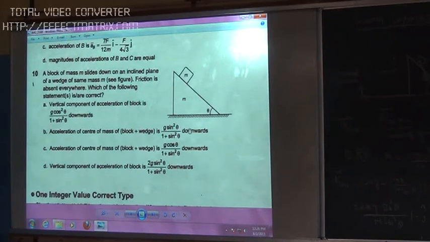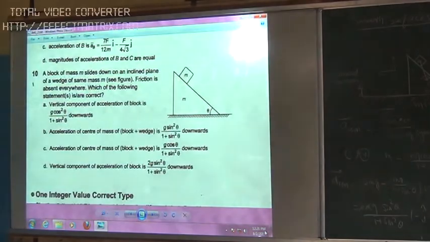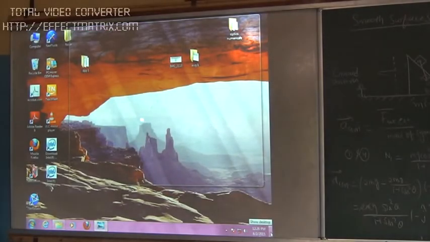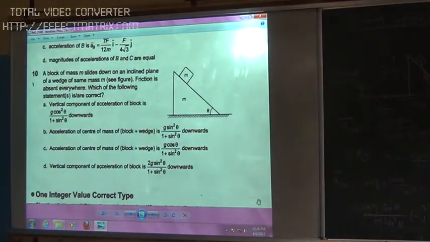Let us see what the options given are. You see, what we got: the acceleration of the center of mass of the block plus wedge system is g sin square theta upon 1 plus sin square theta downward, minus j cap, because our x-axis is horizontal and y-axis is vertically up.